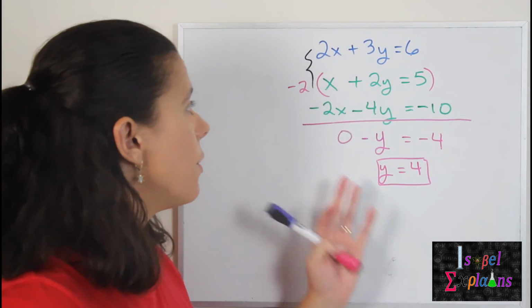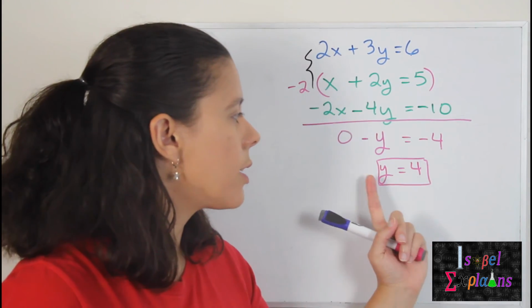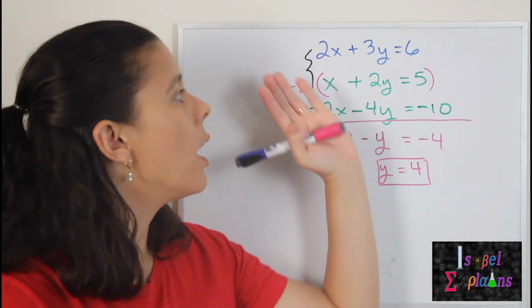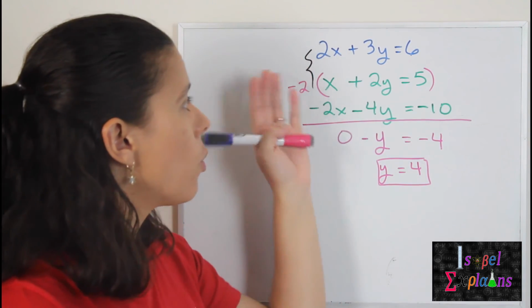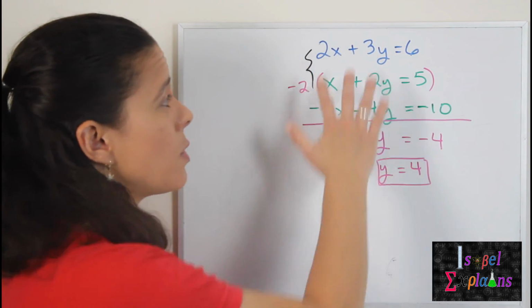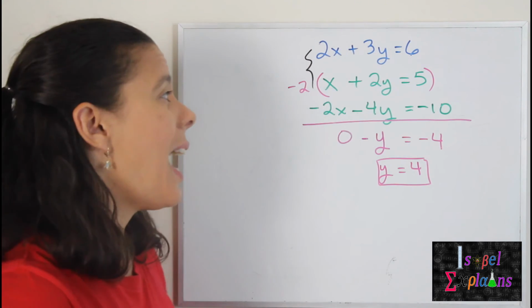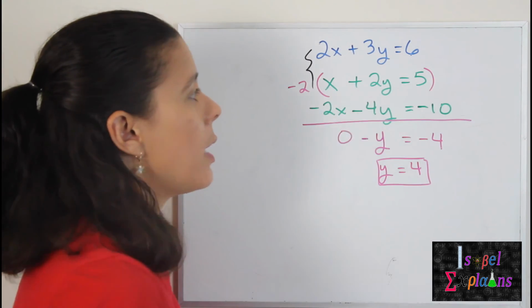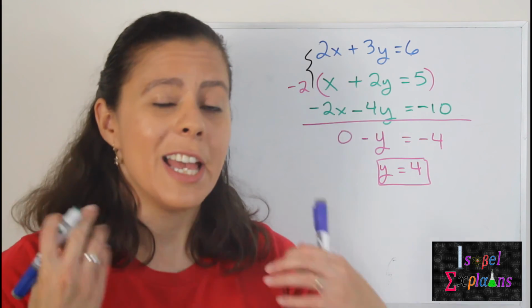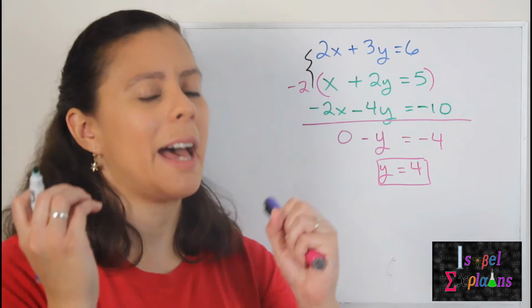Now, how do I solve for x? Well, again, I'm just going to substitute y equals 4 back into any of the original equations. I can actually substitute it in any of the three. I personally prefer the second one because it's easier. The smaller numbers that you can work with, the better.